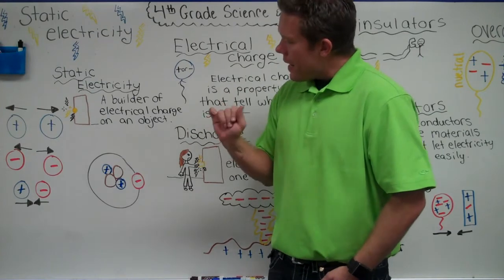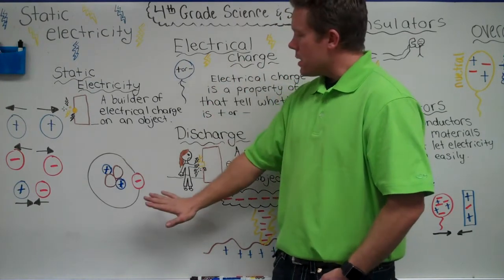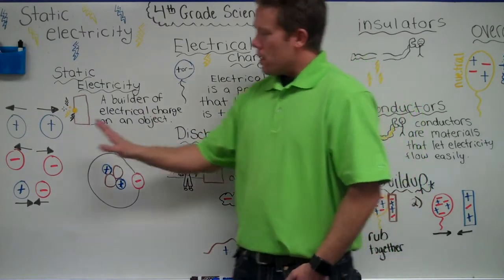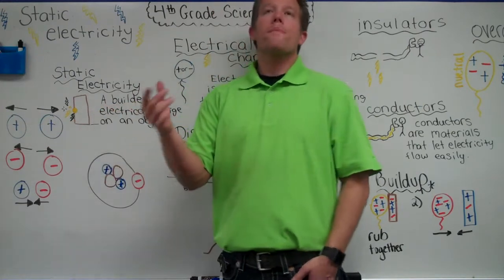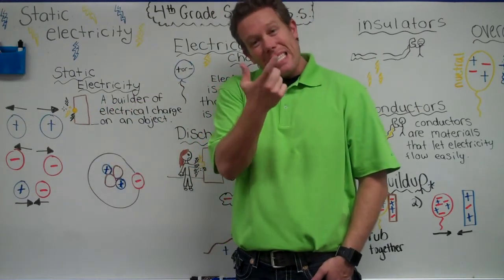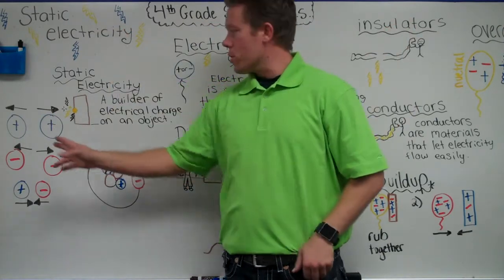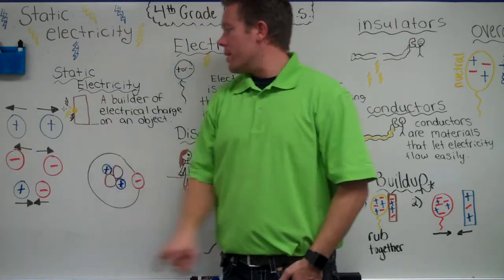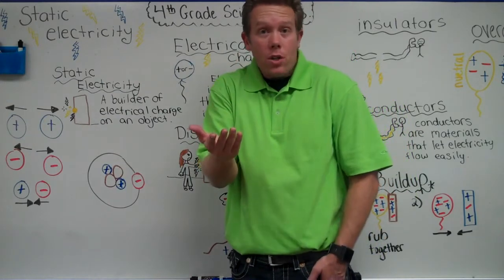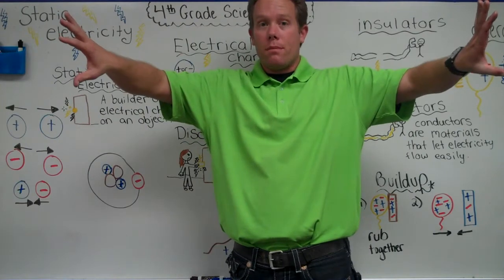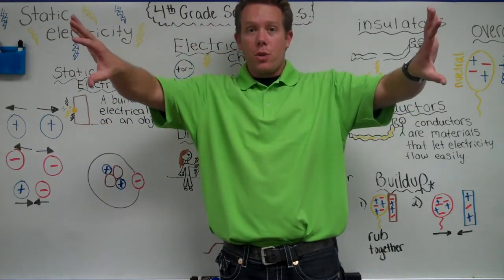Okay. Now, it's also important to keep in mind, you need to understand that things that have the exact same charge will repel one another. So if you have two positively charged things, they are going to repel. If you have two negatively charged things, they are going to repel.